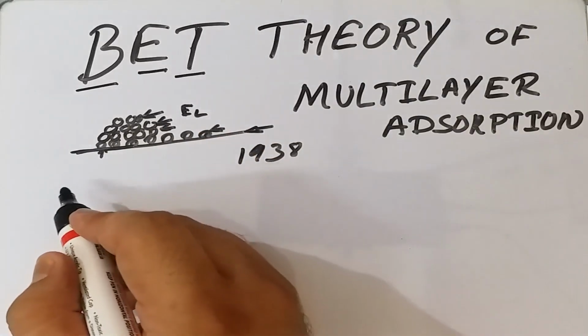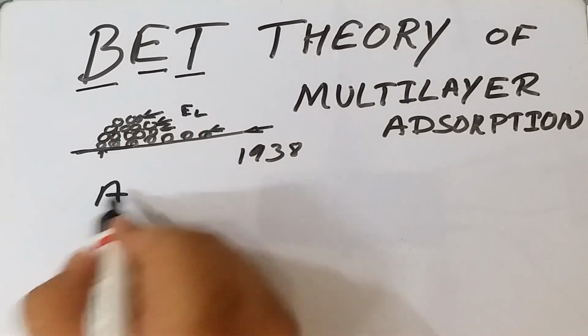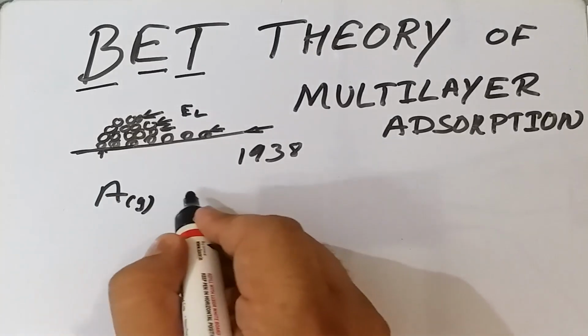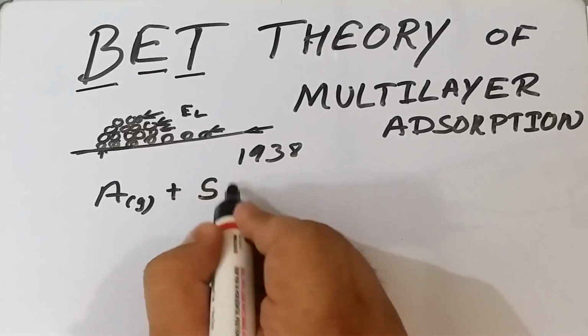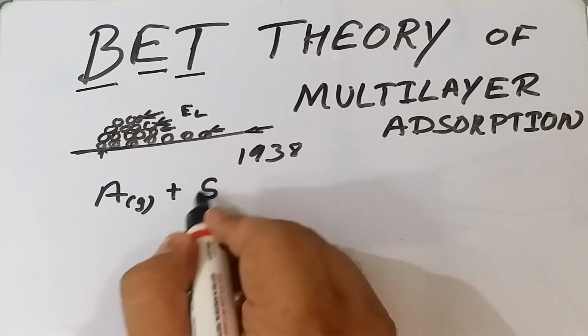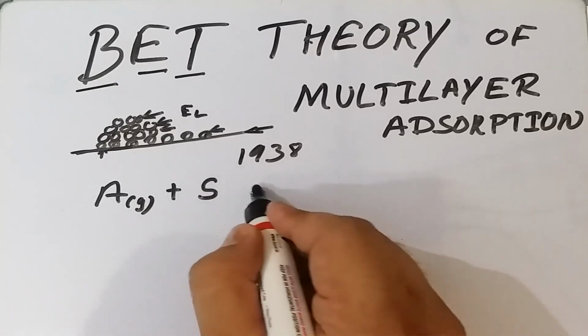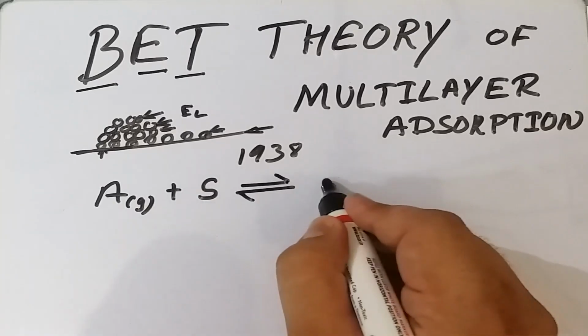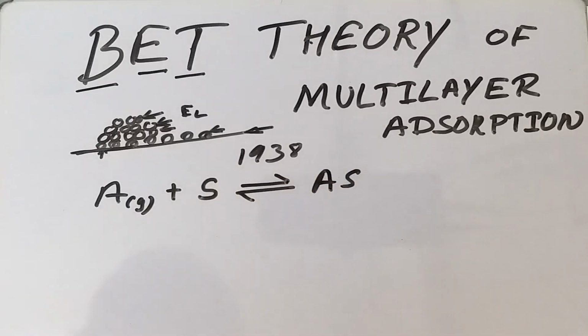and we will start with the derivation of the BET theory. So suppose we consider that A is our gas molecule, and that gas molecule is being adsorbed on a substrate S, or on a substrate having S amount of vacant sites, then we can write it will form AS, where AS represents the adsorbed molecule on the sites.